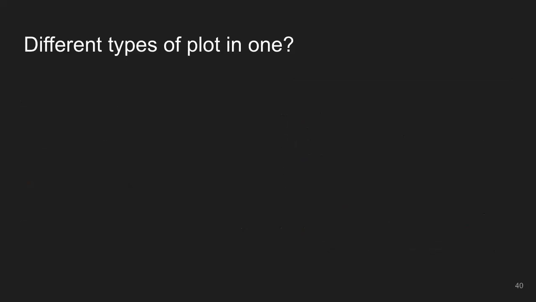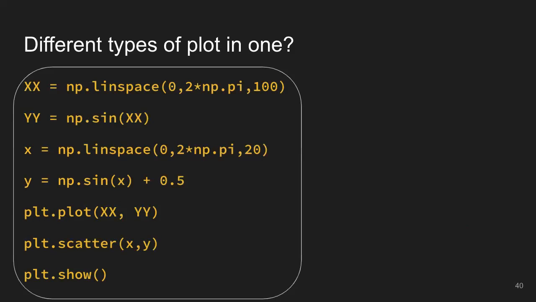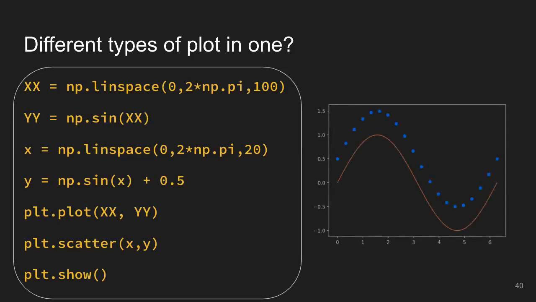So you can also use different types of plots in one plot itself. Every time you hit plt.show, it's essentially a new canvas. So everything before the plt.show will go on the same plot. For example, as we can see in the commands here, you have x equals a linspace from 0 to 2 pi, y equals sine of x, and then you can plot and scatter. As you can see, it looks roughly the same, although there's an offset.